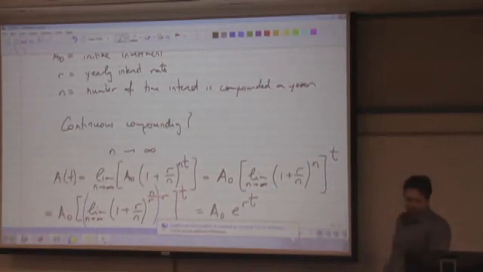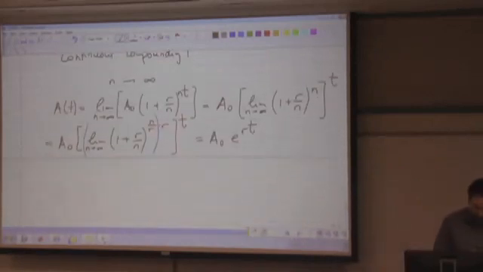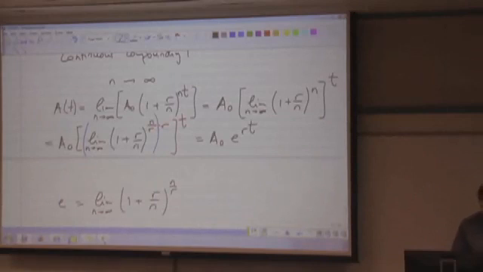No? I have no idea what you just did with the exponents. Why is e the limit as n goes to infinity of (1 plus r over n) to the n over r? Well, remember how we defined e. We defined it to be the limit as x goes to 0 of (1 plus x) to the power 1 over x.